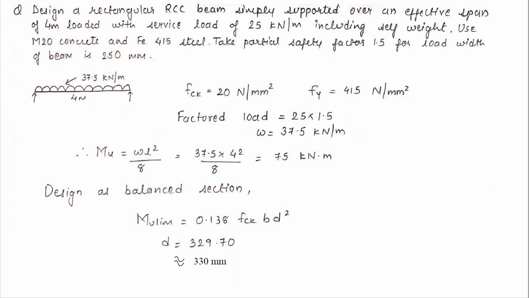In the previous example, the moment of resistance or bending moment was already prescribed. Here we are given a load, so the first thing is to find the moment. As it is a simply supported beam with a UDL, the value will be WL square by 8. W is 37.5, L is 4, divided by 8, so we get 75 kilonewton meter.